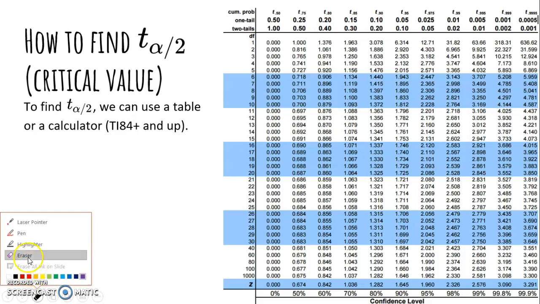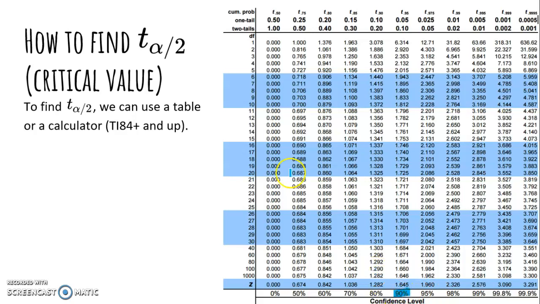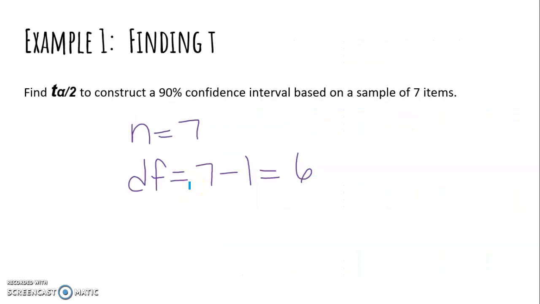So we are going to go to 90%, the confidence level is 90%, and the degree of freedom is 6. And it looks like right here, 90% goes up to 1.943.